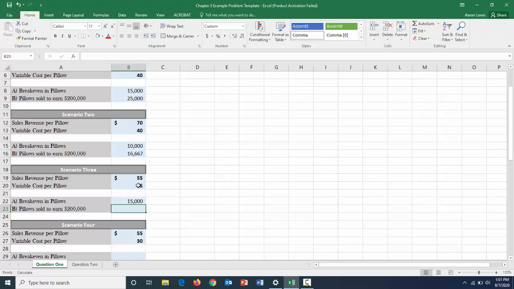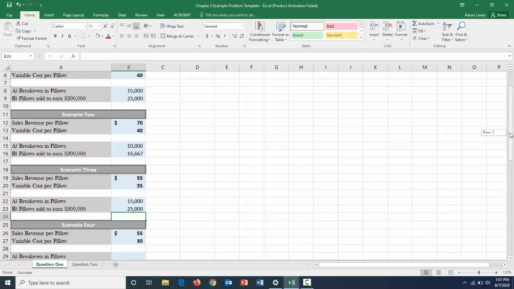It's 15,000. What quantity are we going to have to sell to earn $200,000 in operating income? Again, that's our $300,000 in fixed costs plus the $200,000 in operating income we want, for a total of $500,000. And we're going to divide that by our contribution margin of $20 per pillow. Comes out to be 25,000.